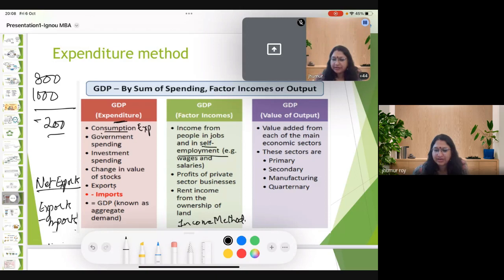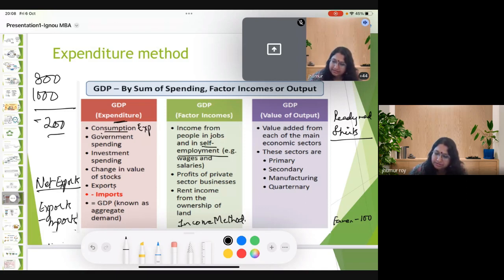And the third is very interesting, which is called value added. Let me explain value added. For example, one person is making ready-made shirts. For ready-made shirts, he has to get cotton. So there's a farmer who is producing cotton, and this farmer is selling cotton for 100 rupees.